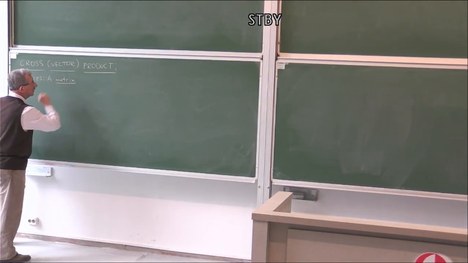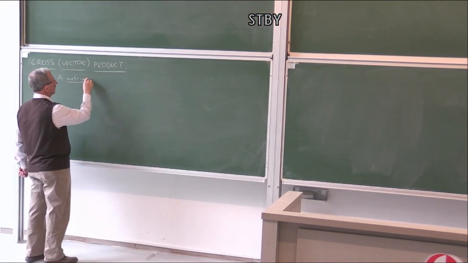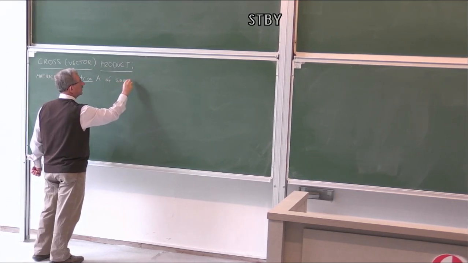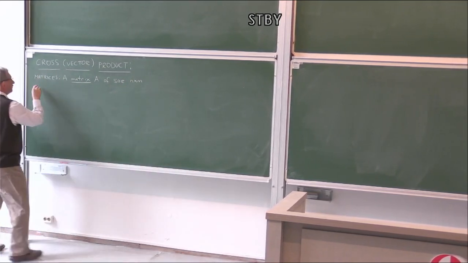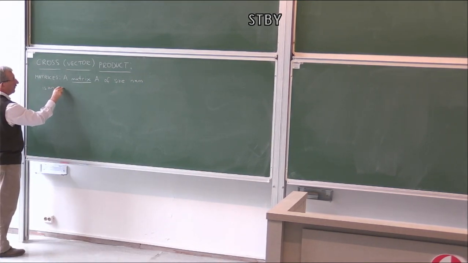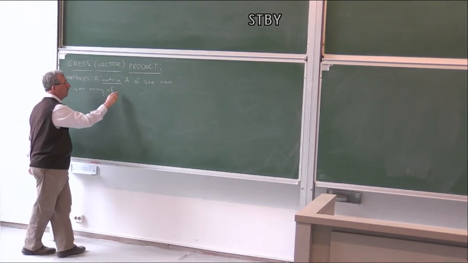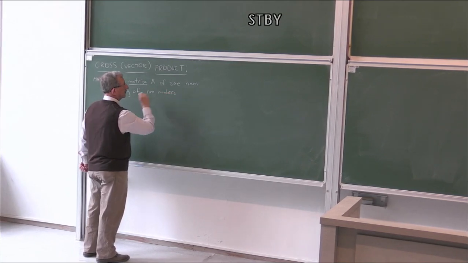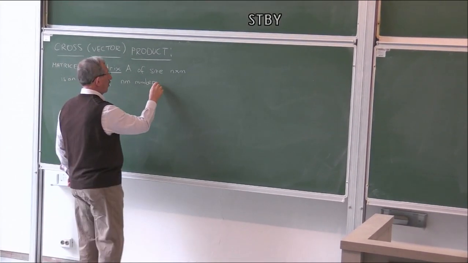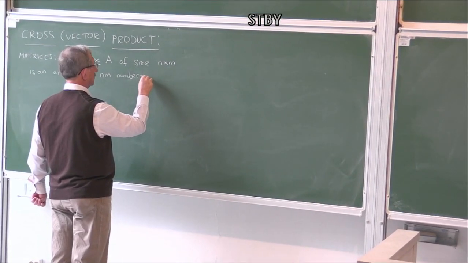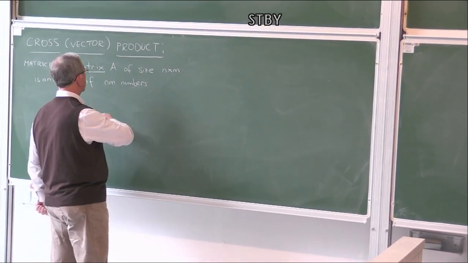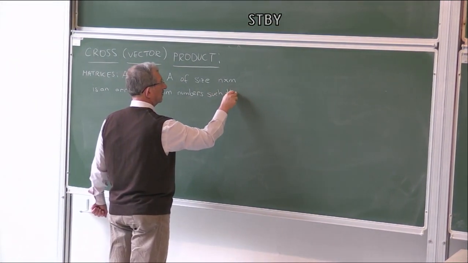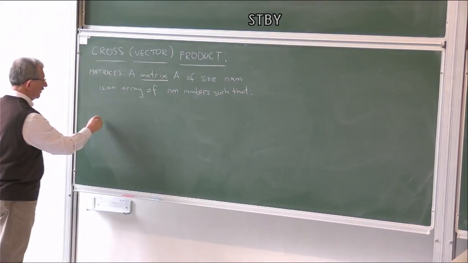A matrix, the singular, A, of size n by m, is an array of nm numbers, denoted by Aij, such that they are ordered by the following.